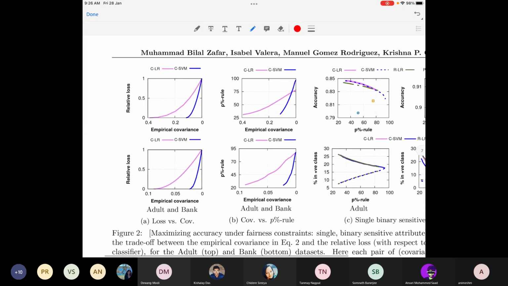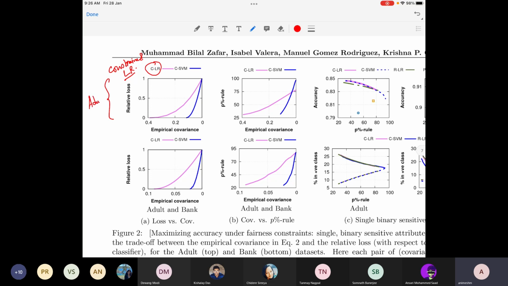So CLR means constrained LR. Okay, and the first result, this is how you will read the result.